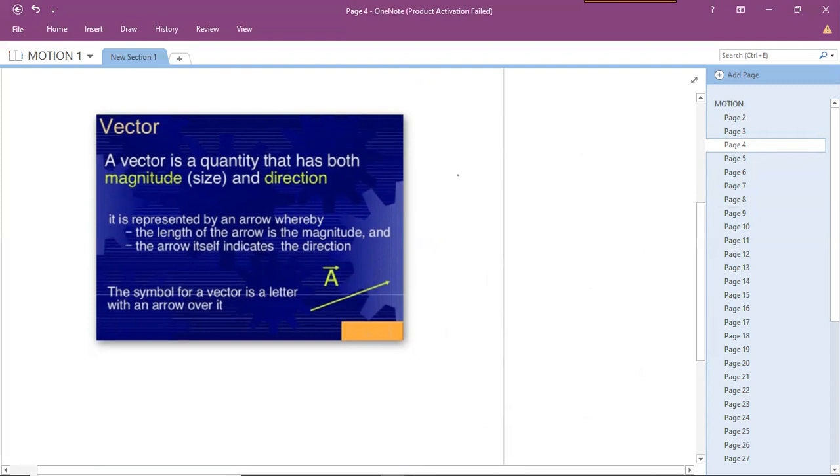So vectors specify not only the size but also the direction. A vector is different from a scalar quantity because it has size or magnitude, and it also has direction.